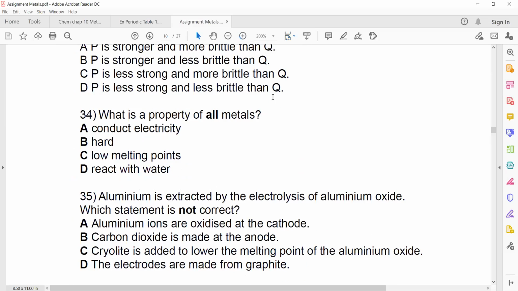Question 34. What could be the answer for question 34? So all metals can conduct electricity. All metals are not hard, as we discussed group 1. They are soft metals, can be cut by a knife. Low melting point: not all metals have low melting point. Not all of the metals react with water.